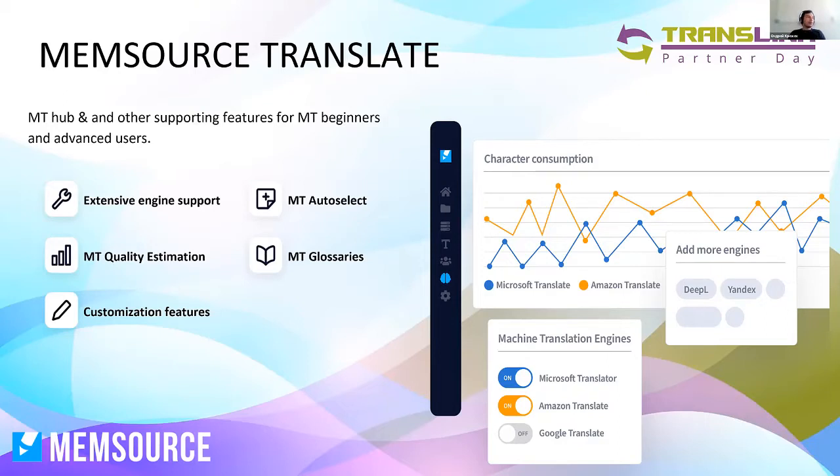So Memsource Translate is an MT hub that will pick the best performing engine for you out of some MT engines that are supported there. The goal is that the user doesn't have to do much, and they will still get the MT quality they're looking for out of the whole process.